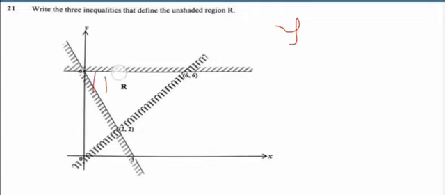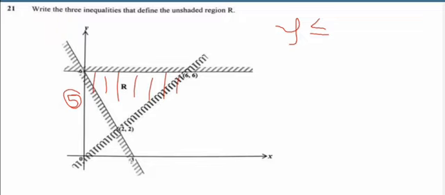Are the numbers down here less than or equal to, or greater than or equal to? Since this is a solid line, we need to use greater than or equal to, or less than or equal to. Suppose 5 is here. Is 5 going to be less than or equal to 6 or greater than or equal to 6? 5 is less than or equal to 6, which means here we need to use less than or equal to.